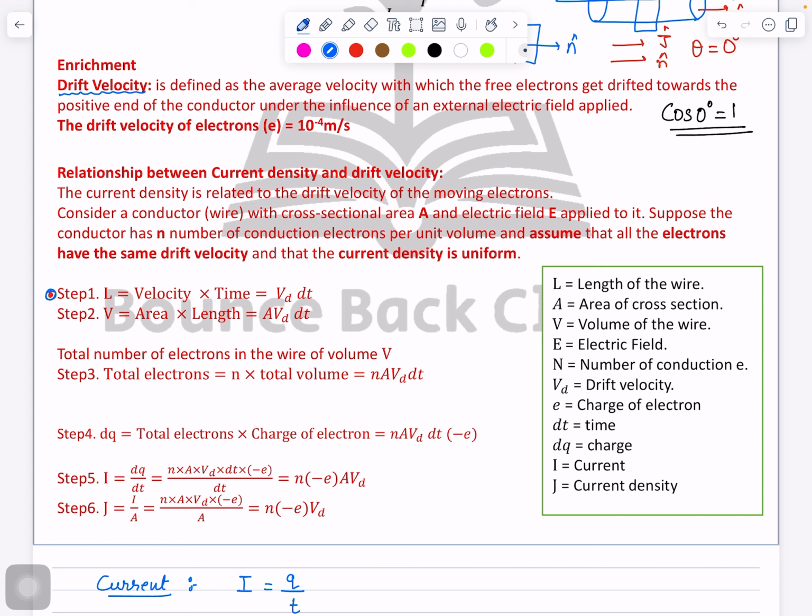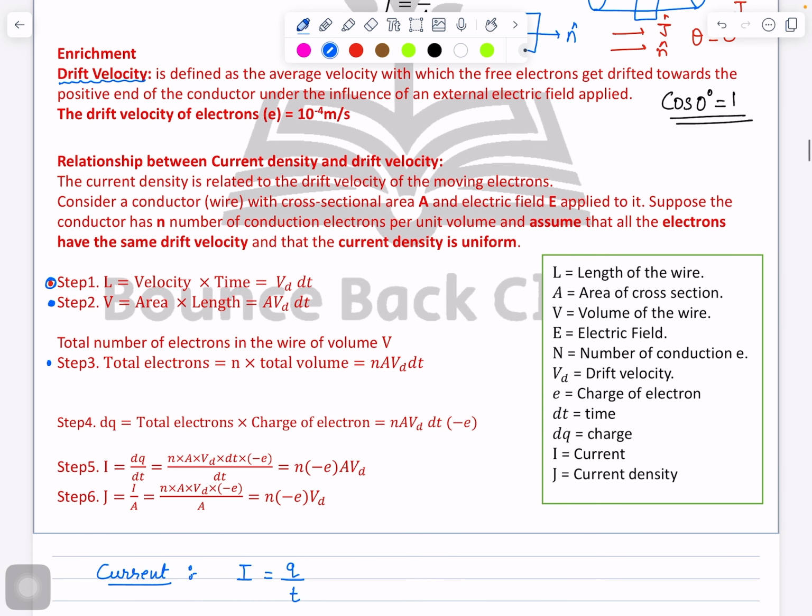After that, the volume of the wire, the number of electrons in the wire, and then we relate all these with the current, and then with the current density. All 6 steps are here, and this is for enrichment, guys. If you want to study, I wrote all the steps in a very easy way so that you can understand and benefit.